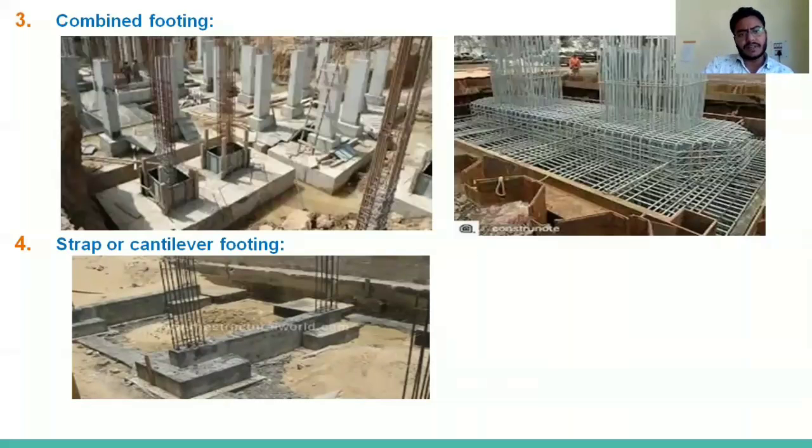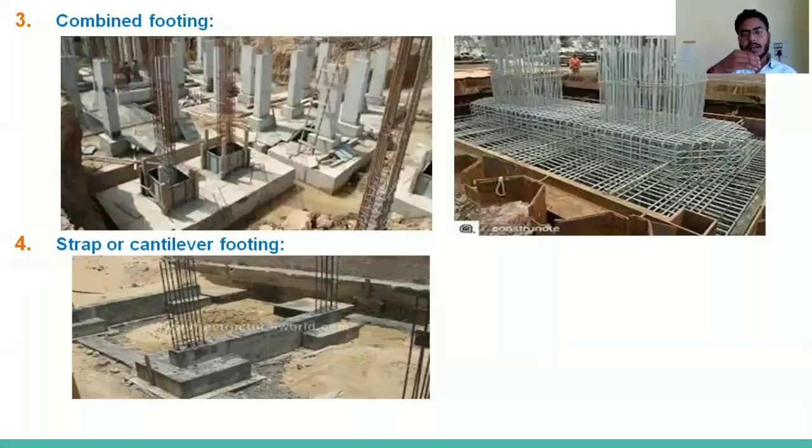We design the strap footing in such a way that whatever line of action is coming, it should pass through the resultant of the load. That's very important. This is one of the principles of footing design: the center of gravity of the footing should coincide with the load coming on the structure.